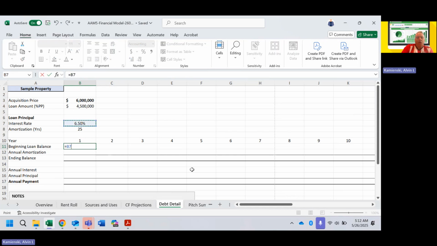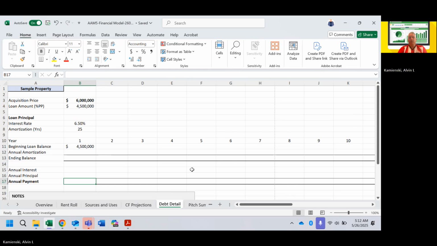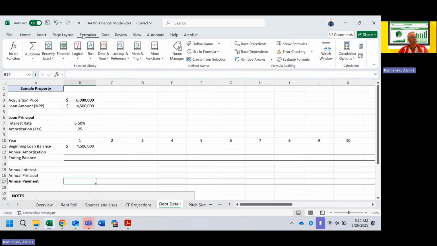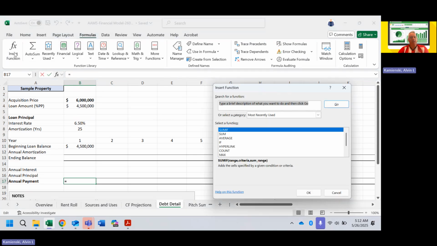In the beginning of year 1, you borrow $4.5 million. The annual payment on that thing looks like this. Formulas, insert function, and the function is called PMT for payment.